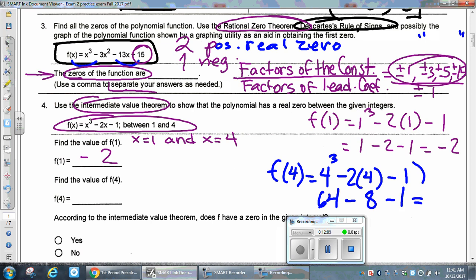So that's going to be 64 minus 9, which is 55. Okay, so what we care about is that we have a negative and a positive. So what would you click here?